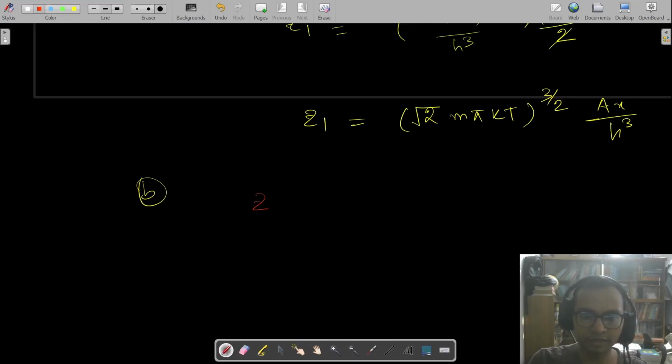So the partition function for indistinguishable particles should be like 2n number of volume integrals. So we basically write it down.